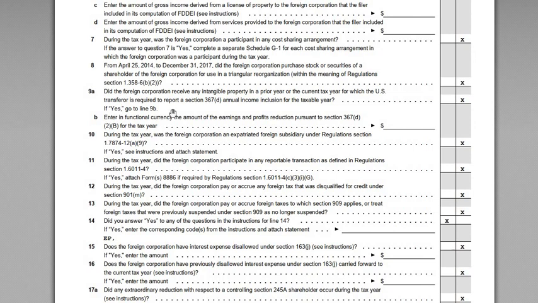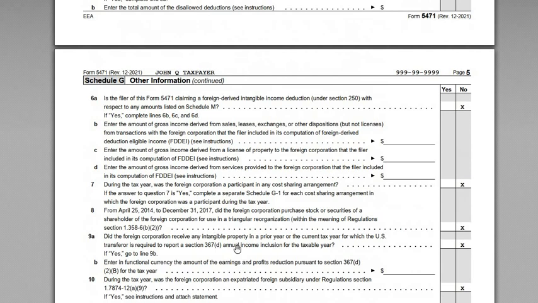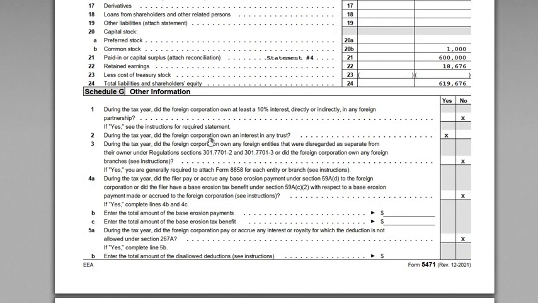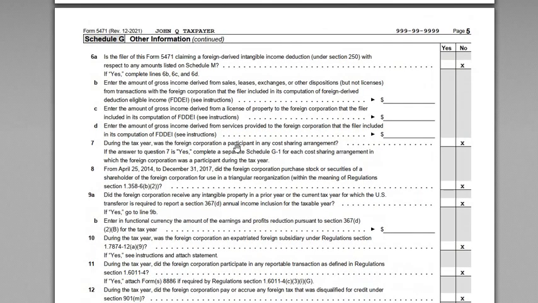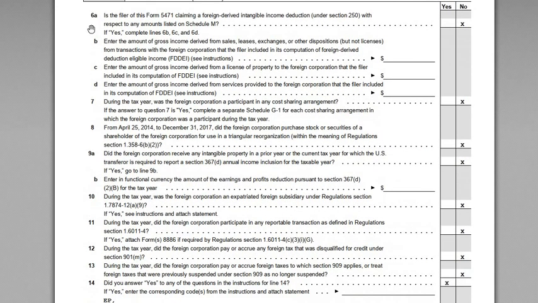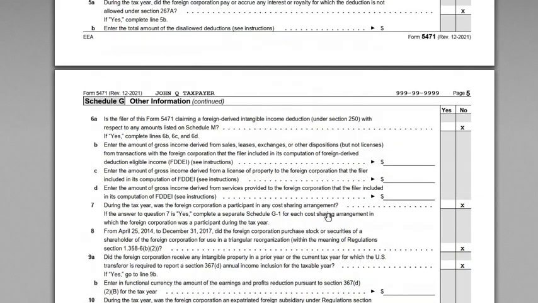I think I'll do some follow-up videos where we dive into more detail on specific ones, but for the very simple example that we've got in front of us, you'll note that almost all of these are no answers, except for the trust disclosure, right? We do have an interest in a trust. But what the IRS is really trying to accomplish here is get more information on the company and also help bring to your attention what additional disclosures, statements, or forms might be required based on how you answer these questions.